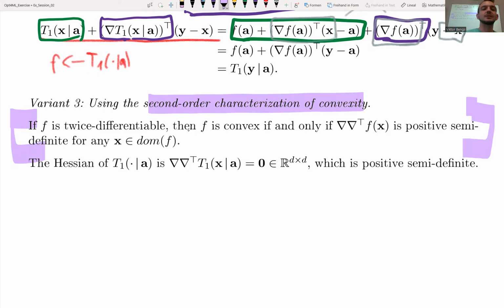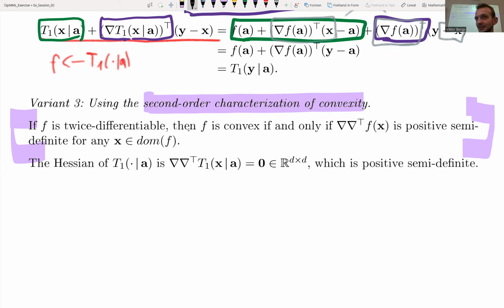So what we also have to assume is that the function f is twice differentiable, so that this characterization holds. And it's stating that convexity of f is equivalent to the Hessian matrix of f at any point x being positive semi-definite. Okay, and this is quite quick to check.